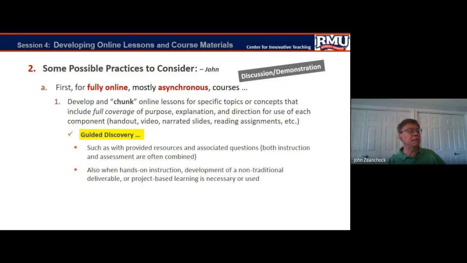Guided discovery can be with, let's say, short answer questions. It can be done with hands-on instruction where you expect them to develop a deliverable for that week, or for maybe something that takes 3 or 4 weeks. And it also works very well with project-based learning.